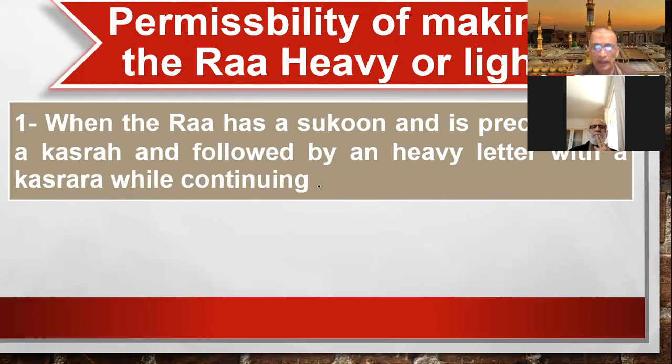Number one, when the Ra has a sukun and is preceded by a kasra and followed by a heavy letter with a kasra while continuing.